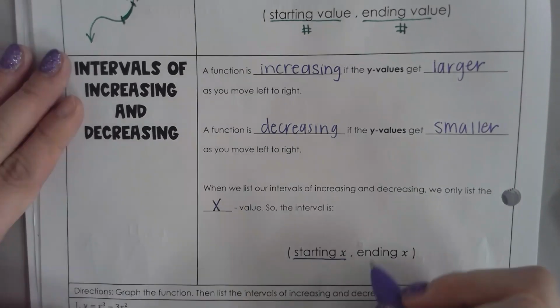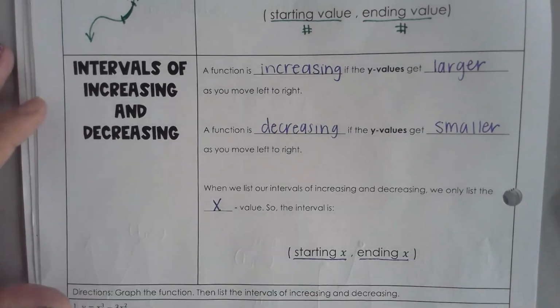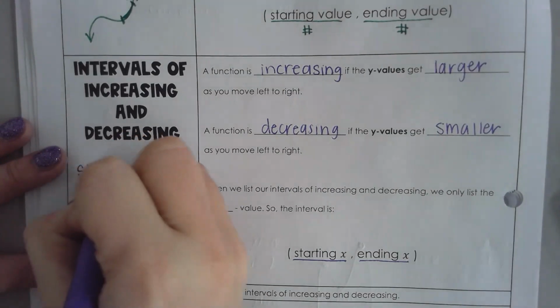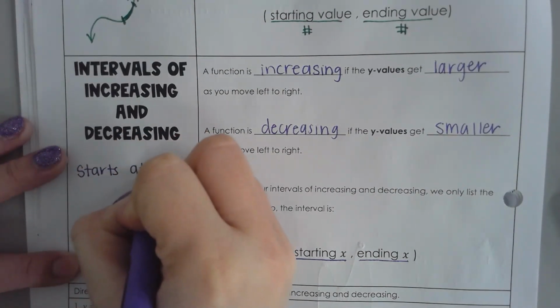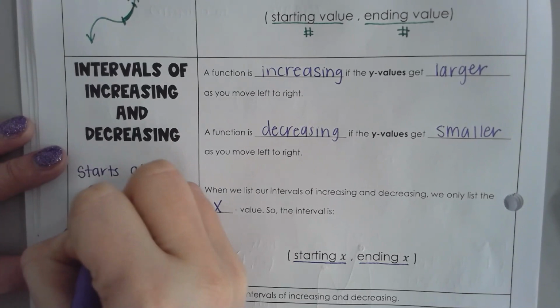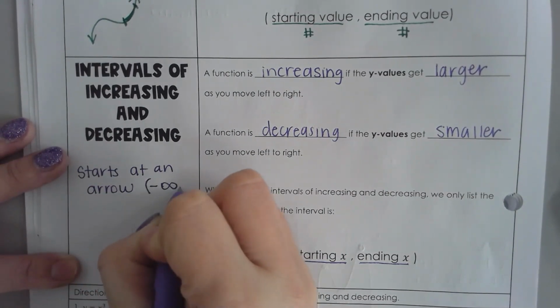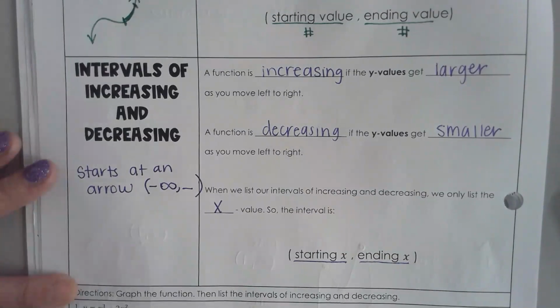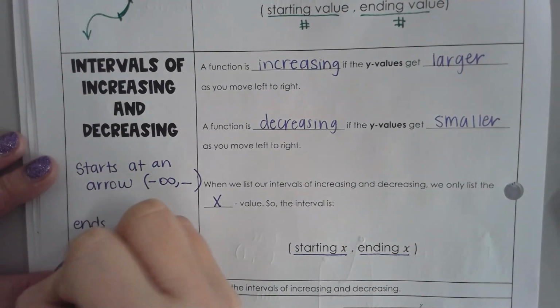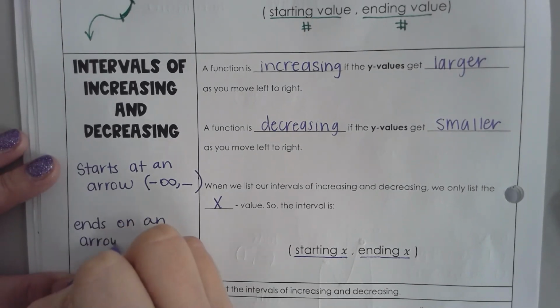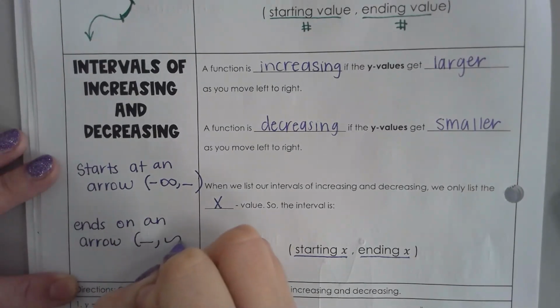And then the ending x. If it starts at an arrow, it's going to be negative infinity to something. If it ends on an arrow, it's going to be something to infinity.